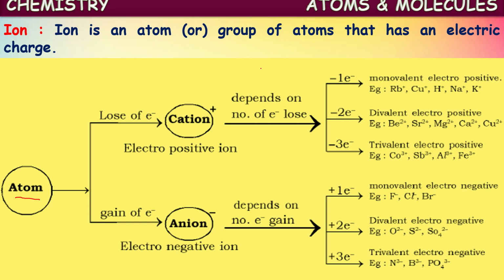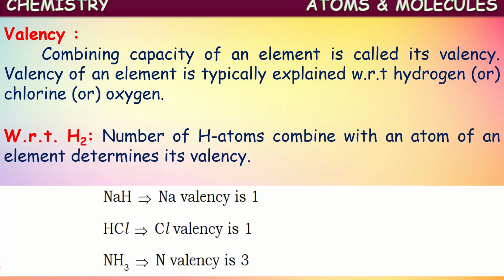So we say mono, divalent because depending on the number of electrons losing, gaining, or sharing, the valency of the atoms of an element is determined. That is why they are considered monovalent, divalent, trivalent negative ions and positive ions. And now come to the valency.